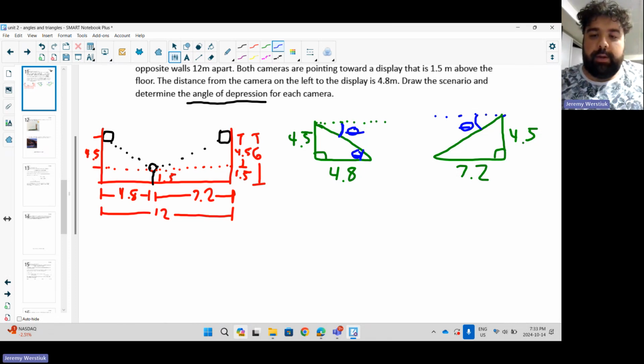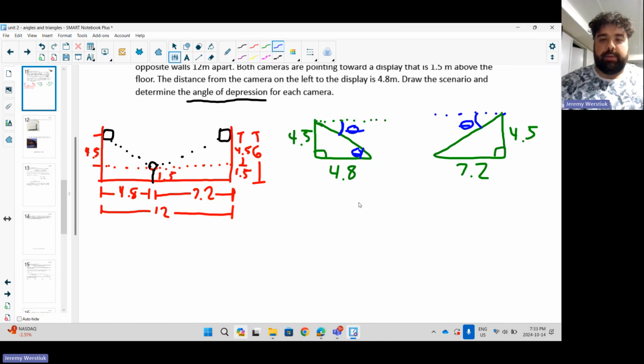So if I find out this little angle in the bottom right of my triangle, that angle is going to be the same size as my angle of depression due to alternate interior angles. So let's go ahead and find the measure of theta for this triangle here on the left.